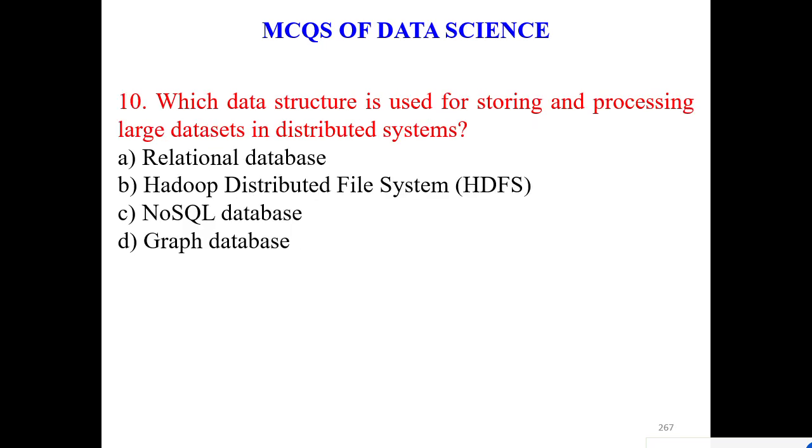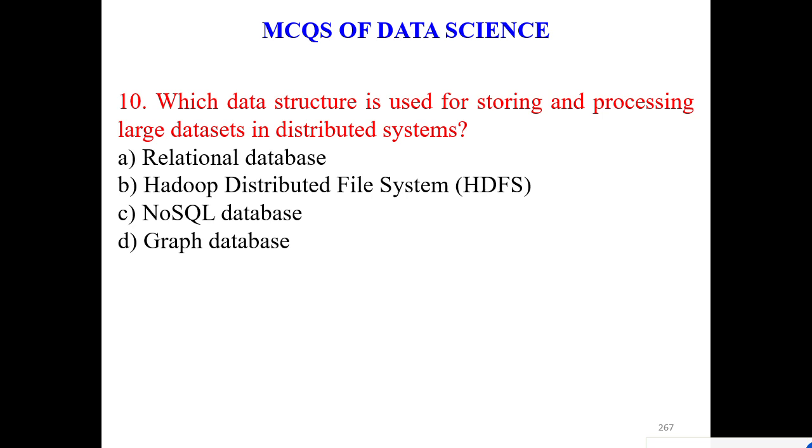Which data structure is used for storing and processing large data sets in a distributed system? Relational database. I will give you a small hint. I have explained in big data technologies there are two major components, HDFS and MapReduce.